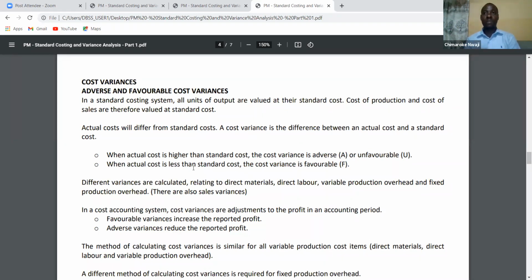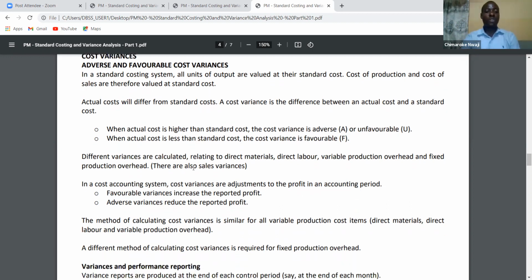So if you reported a profit and you now find out that you have variances, you trace them and they are all favorable variances, if you add them to the profit you reported, your profit will increase. When you have adverse variances, it should be reducing your profits.